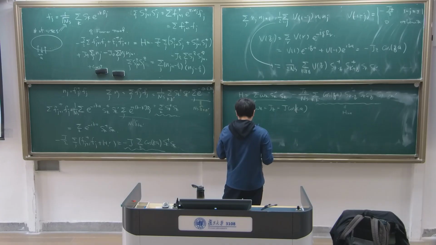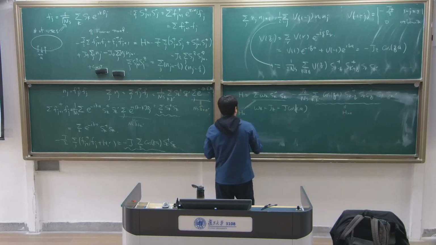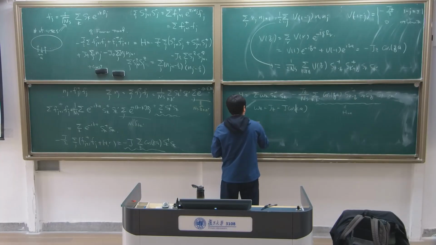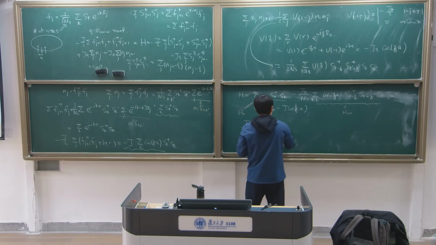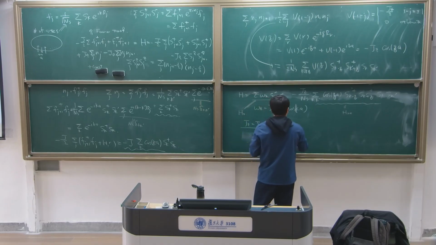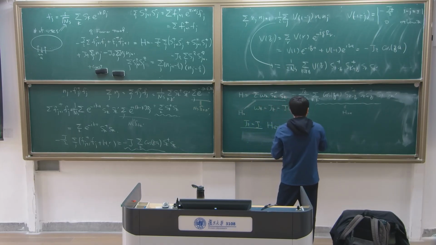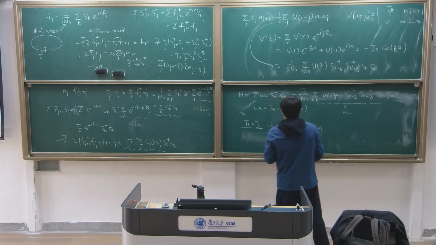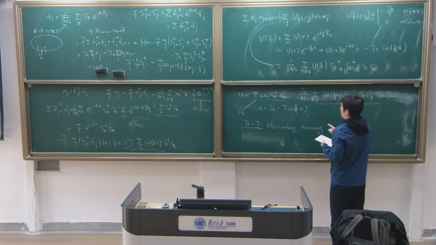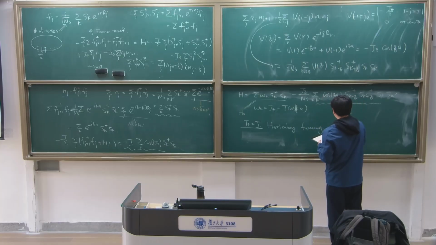Then the ground state is, when Jz is equal to J, this is the Heisenberg ferromagnetic case. In this case, we just assume Ns goes to infinity.